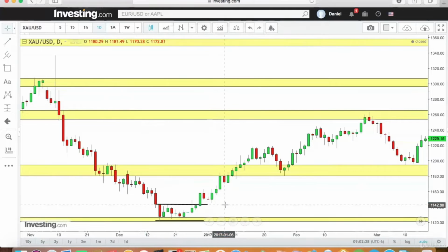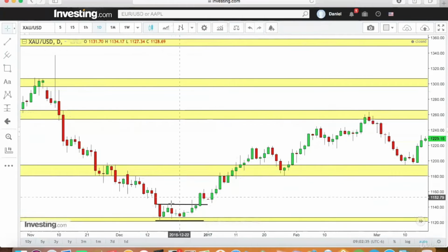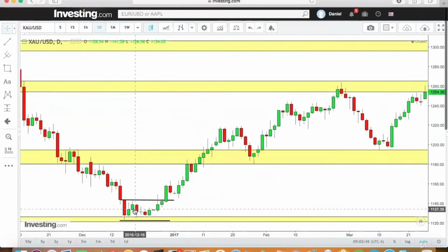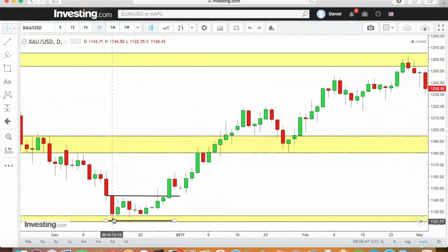So you're looking for price to come down into a level, or push up to a level and create some type of consolidation or sideways movement or channeling in those two areas. And what you'll notice here is prices failed to break this level multiple days.